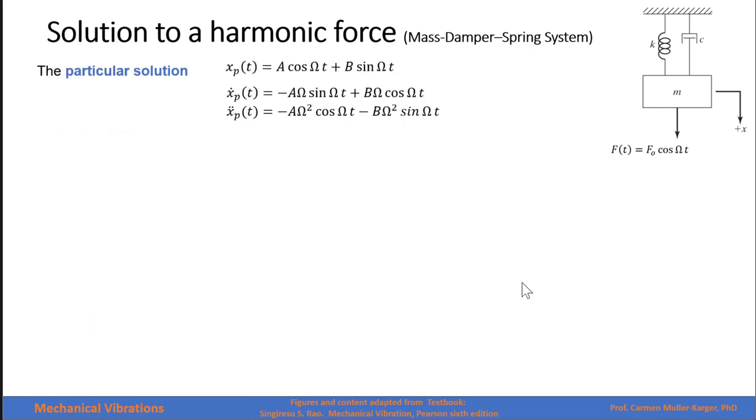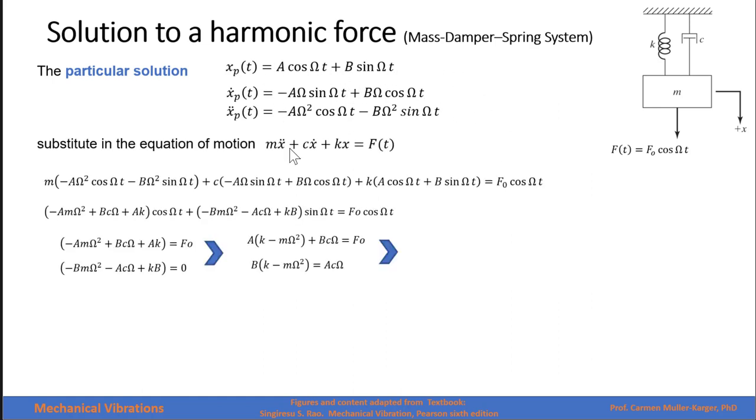Coming back to finding the constants A and B, we introduce these 3 equations into our equation of motion. Then we have mass times the acceleration, which is this one right here, the constant of the damper times the velocity, and the constant of the spring times the displacement, which is the first equation right here.